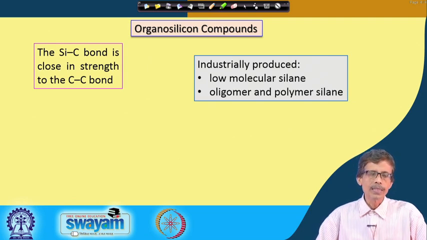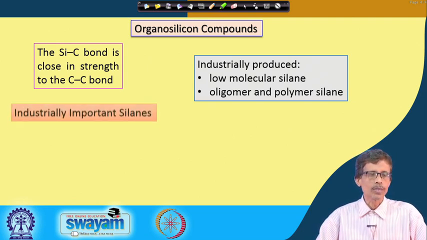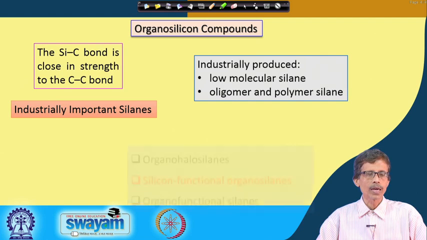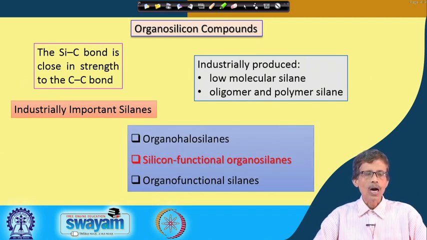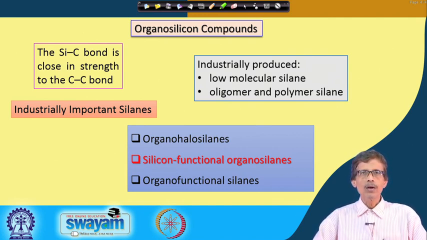So, these are the organosilicon compounds that we can use, and industrially important are some silanes, the organohalosilanes, which are more important because we can modify them in terms of their organic chemistry by attaching to the silicon center. In organosilicon you have the carbon center attached to the silicon center, then we bring in halogen.